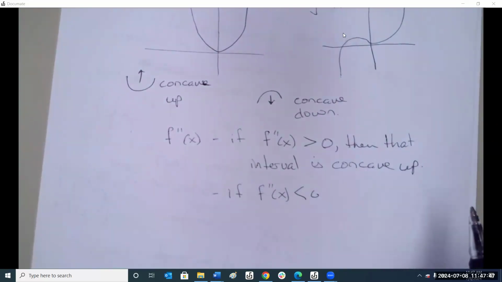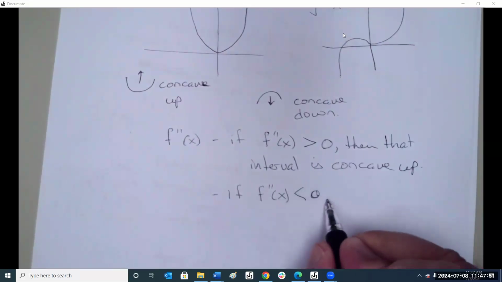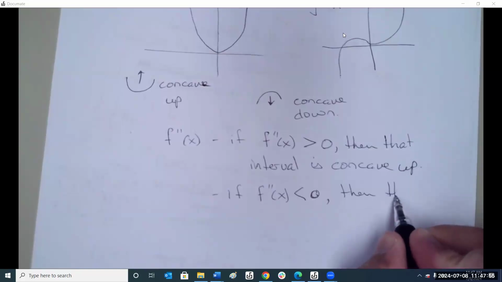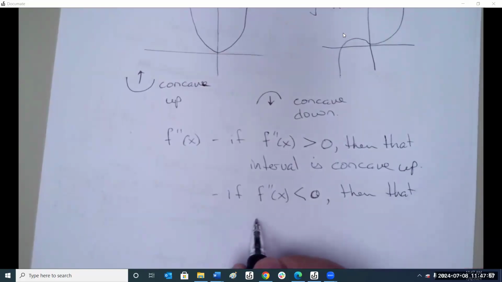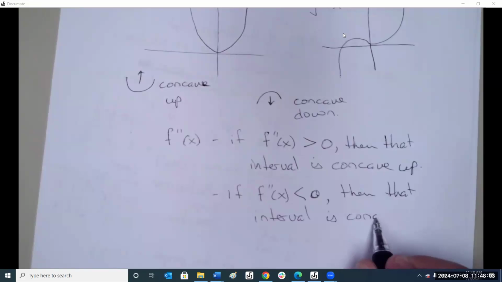Excuse me. If the second derivative is negative for those values of x, then that interval is concave down.